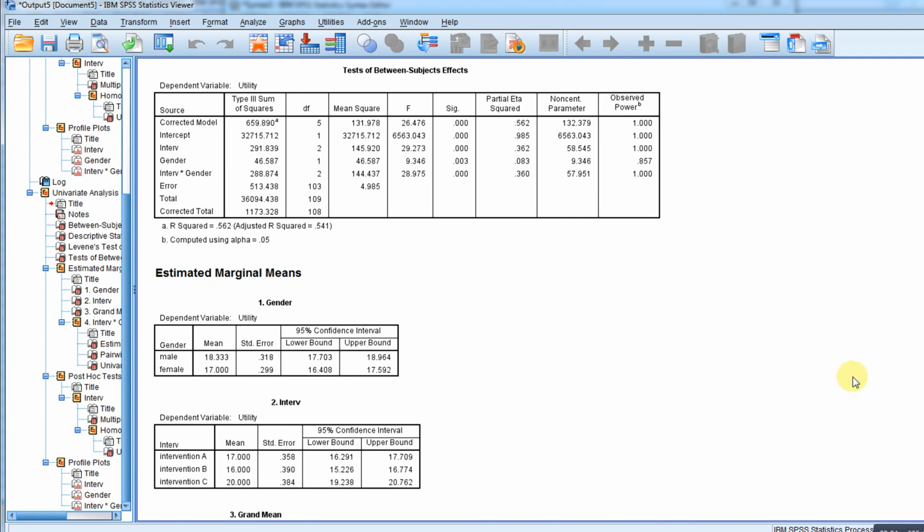In terms of writing this out and reporting this in APA format, I can't really write it out too well with this little marker here, but it's oftentimes the case that researchers will say something to the effect that there were significant group differences or intervention group differences on the dependent variable. They'll specify F, and then they'll give the degrees of freedom between and degrees of freedom within.